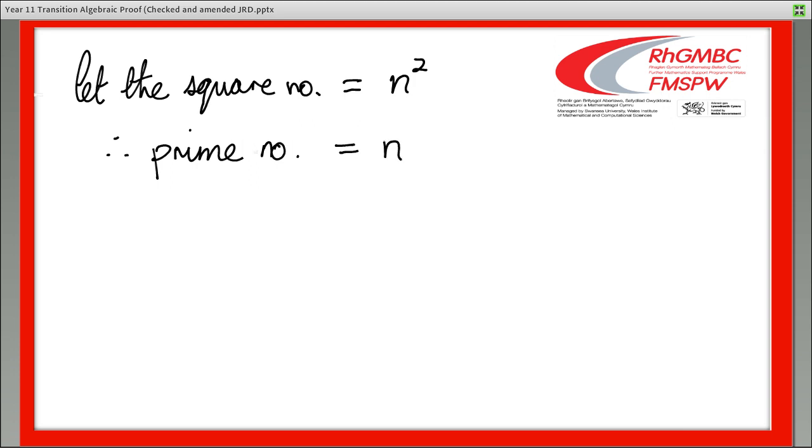So the prime number is 1 before that. So therefore, prime number equals n squared minus 1.